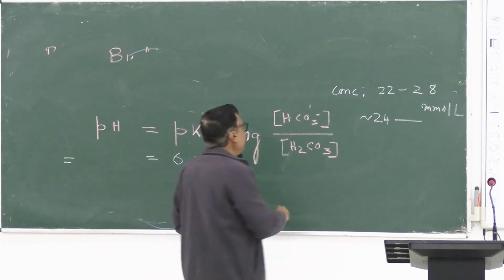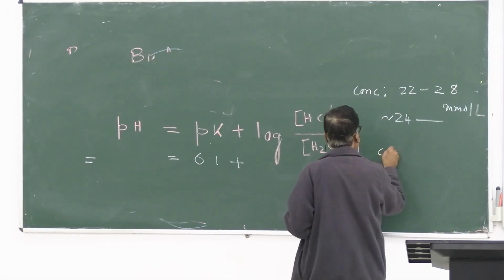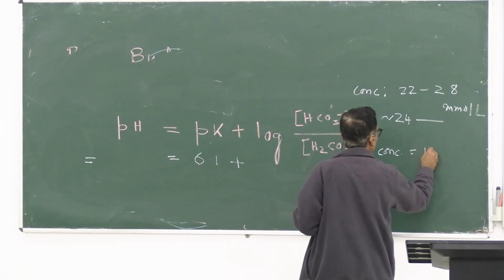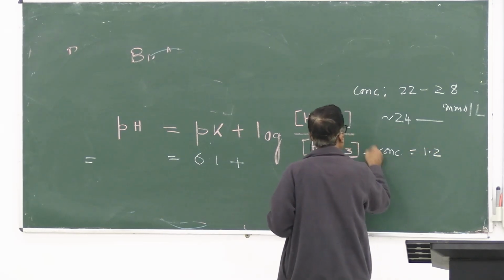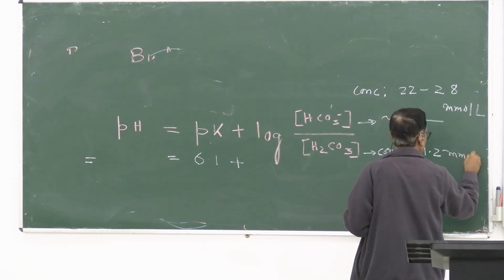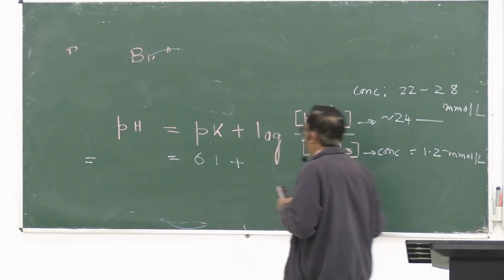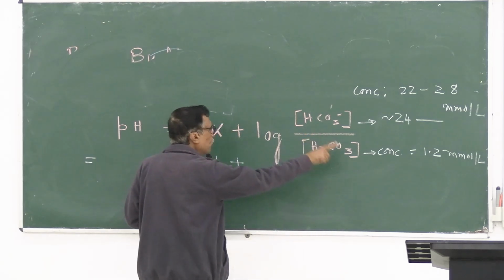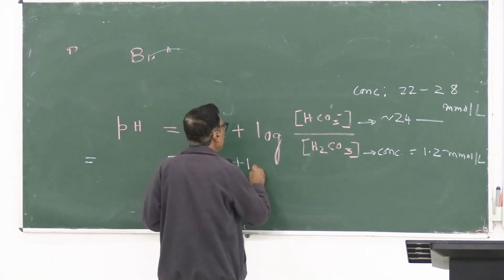Okay, and the concentration of the carbonic acid is 1.2 millimole per liter. So, what is the ratio? The ratio will be 24 by 1.2, that is 20.